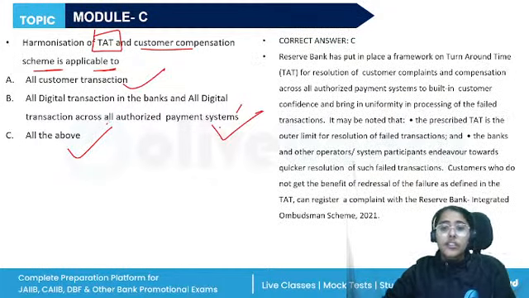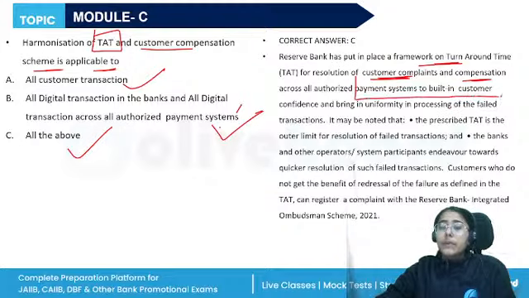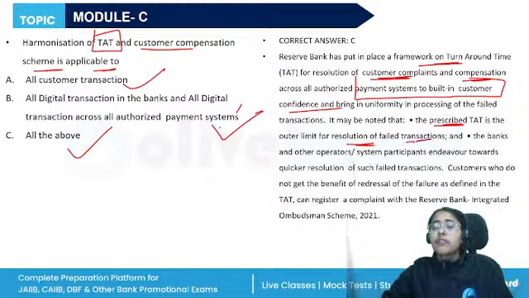So harmonization of turnaround time is for all of the above. RBI has put in place a framework on the turnaround time for the resolution of customer complaints and the compensation across all the authorized payment systems to build in customer confidence. The prescribed time is the limit for resolution of failed transactions.